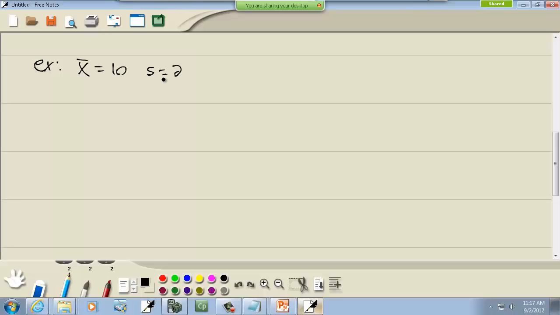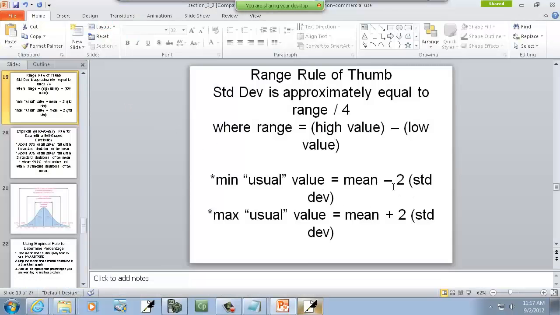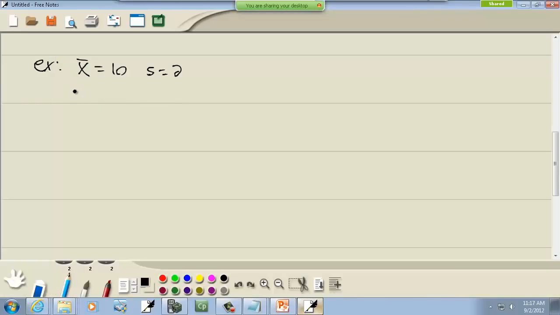Sample mean, sample standard deviation. And they ask you what are the usual values. Well, the usual values go from mean minus 2 standard deviations to mean plus 2 standard deviations. And we'll look at this formula a little bit more, but it applies to any values.